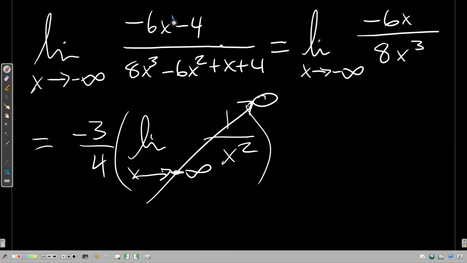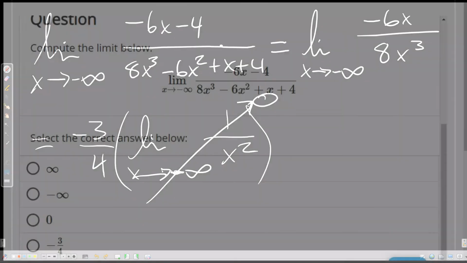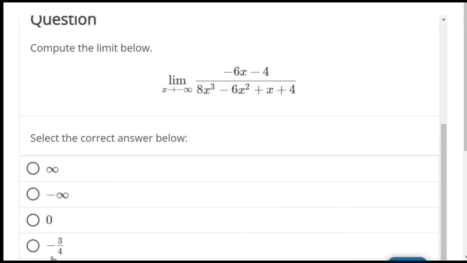But we knew this already because this exponent was 1 and this exponent was 3. The one on top is just not strong enough to beat the one on bottom in the race to infinity. So the one on bottom, quote unquote, gets to infinity faster.